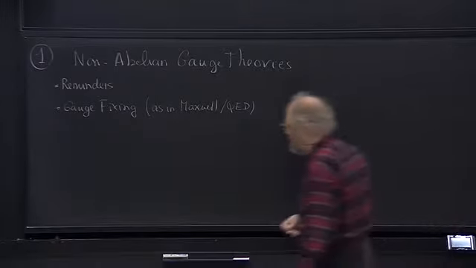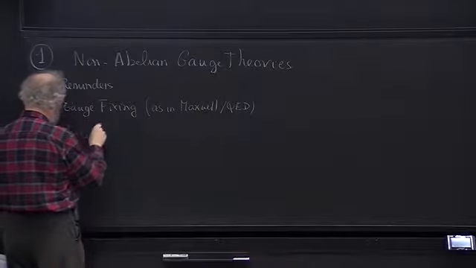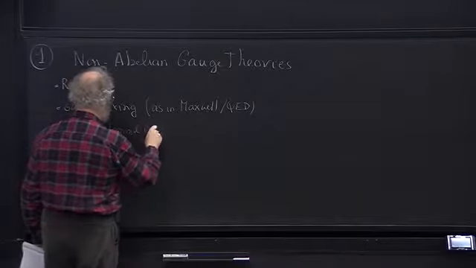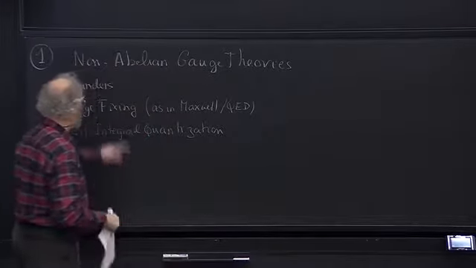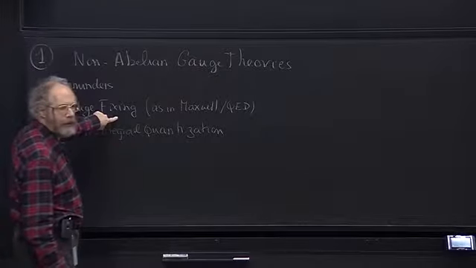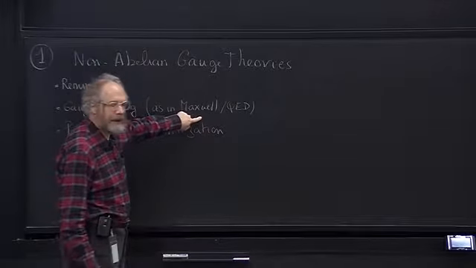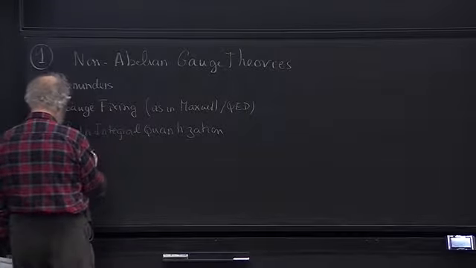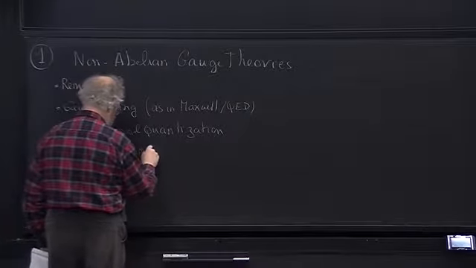But we are going to see that when trying to perform a path integral quantization, the effect of and the treatment to perform gauge fixing is more subtle. It's more complicated, but also much more interesting than in the U(1) Maxwell theory, because it involves what's called the Faddeev-Popov determinant.